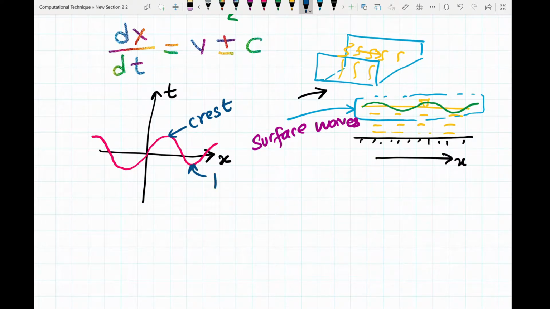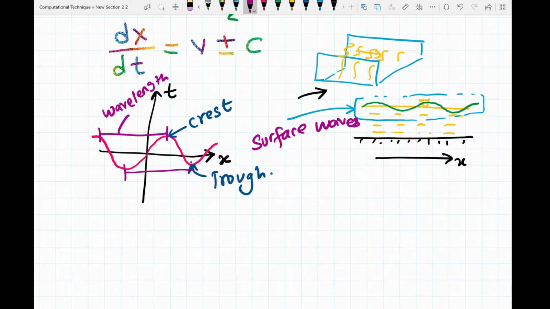This here is known as trough. As you all know, in waves, the distance between two crests is known as wavelength, or the distance between two troughs is also known as wavelength. And this peak here from your x-axis is known as amplitude.